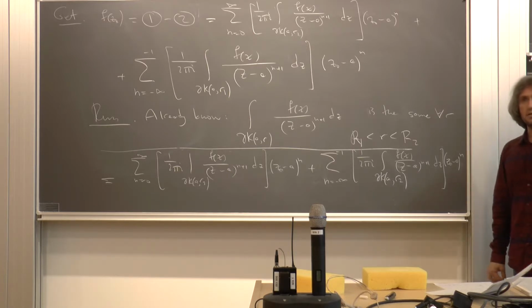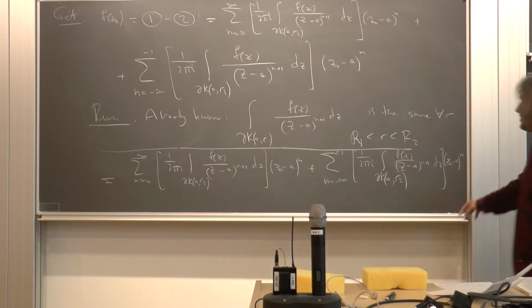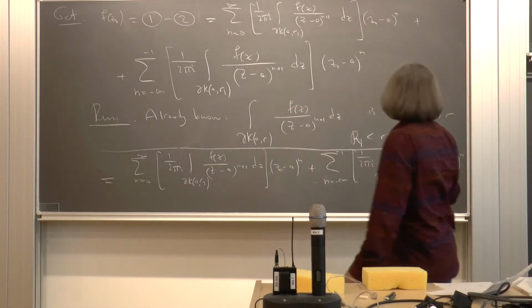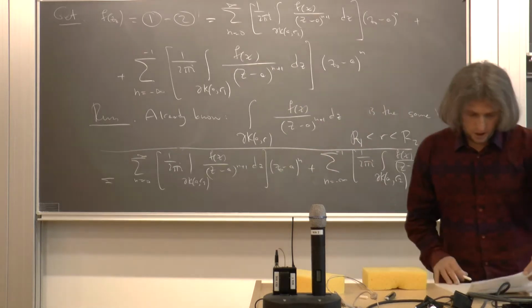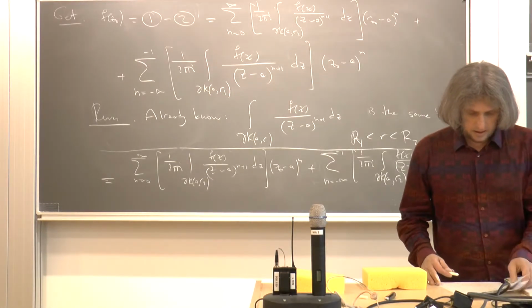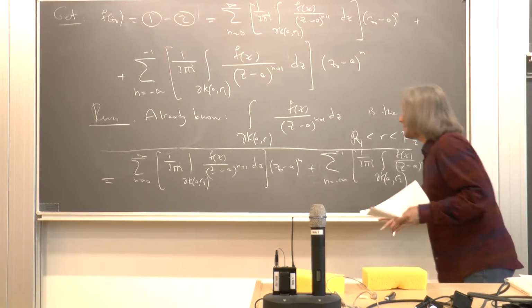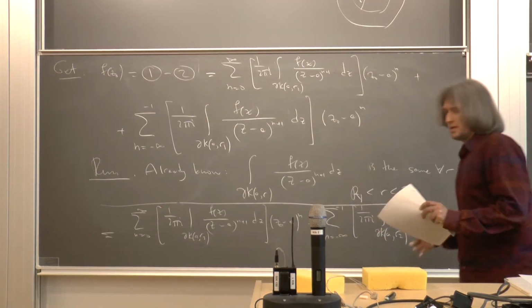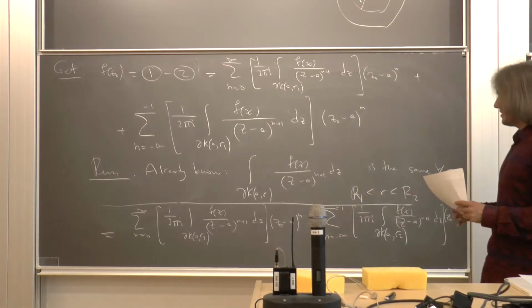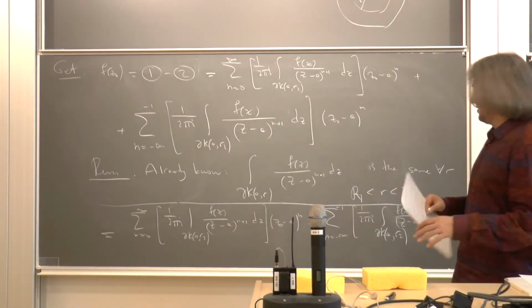We obtained the Laurent power series expansion for f of z naught. Good. So it was quite a complicated computation, but apart from standard steps, everything is absolutely straightforward.